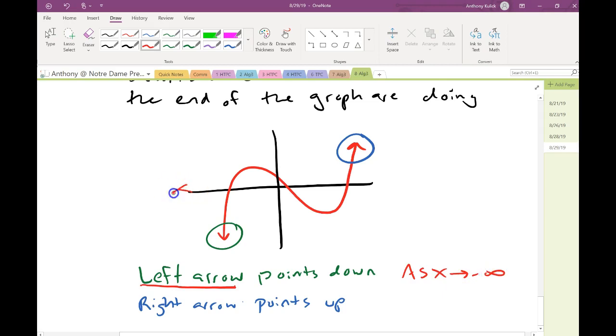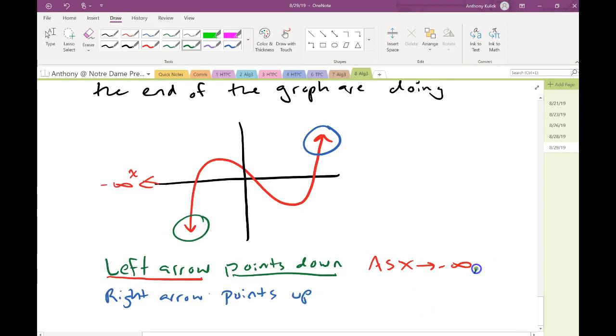Because when I go from left to right, we're talking about the x's, and the left side of the x-axis is where negative infinity lives. When I say points down, I'm going to write y goes to negative infinity, because the up and down is the y-axis and going down is towards negative infinity.